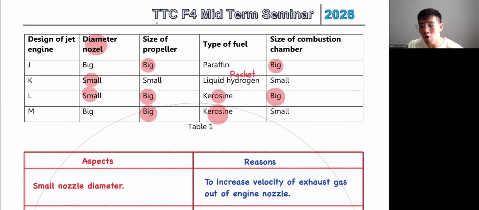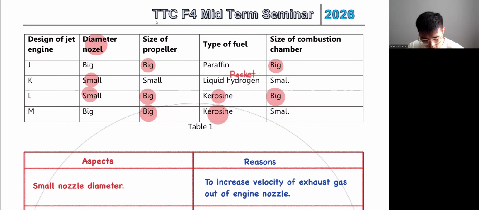So based on all the discussion just now, we have discussed that the diameter of the nozzle has to be small, the size of the propeller has to be big, the fuel has to be kerosene fuel, and the combustion chamber has to be big. Do you see there is a jet engine that has all the good characteristics? Yes, it's jet engine L, right?